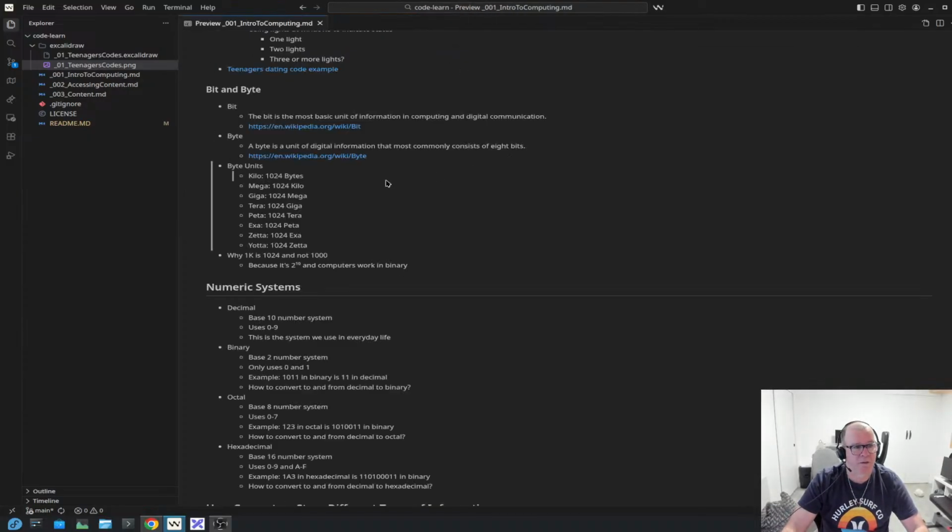So the byte, if you go to the definition, is a set of bits, usually 8 bits. There is no clear definition, but it's most common to have 1 byte as 8 bits.